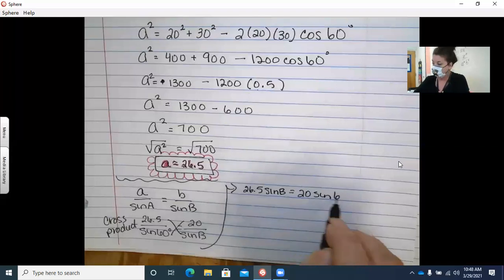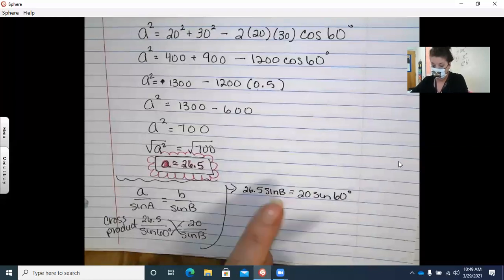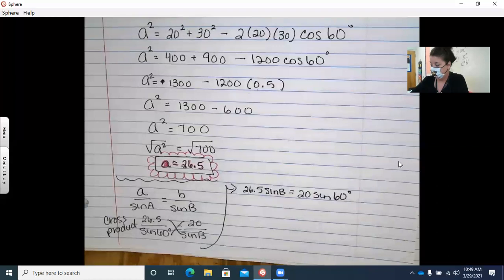Y'all remember that from when we left? And we're trying to find the sine of B. So what are we going to do? Divide by 26.5.